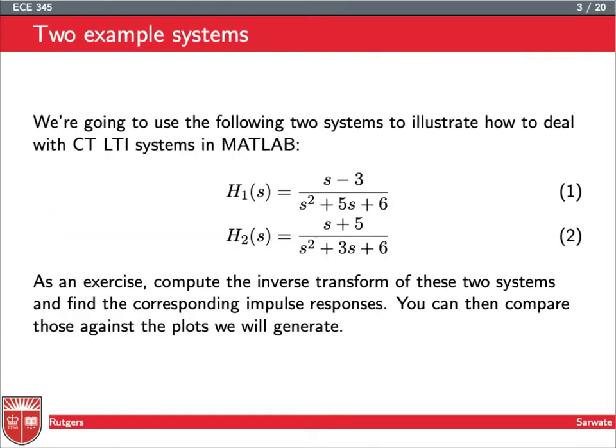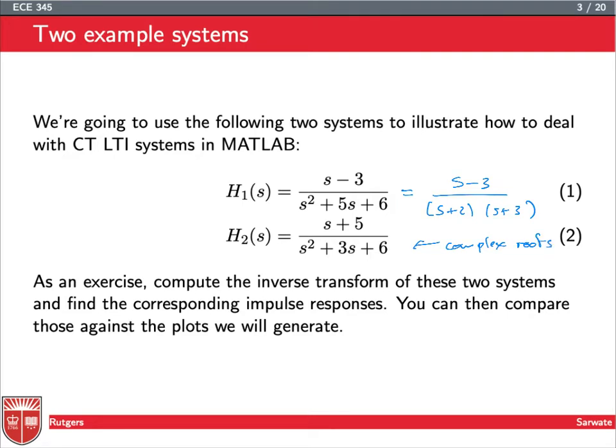So we're going to use the following two LTI systems in the next couple of examples. We have H1 of s, which we can factorize into (s minus 3) over (s plus 2)(s plus 3), and then this other one which is going to have complex roots.